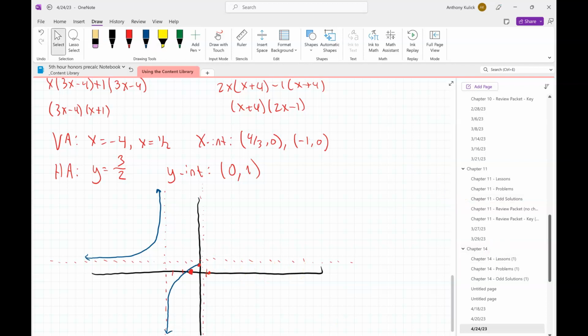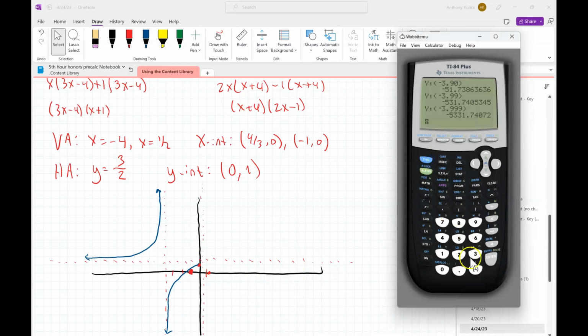And then let's see what's happening on the left side of 1/2. It's positive 1/2 that is our asymptote, excuse me.